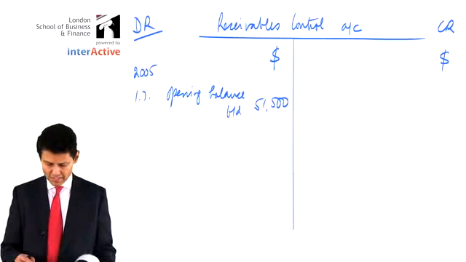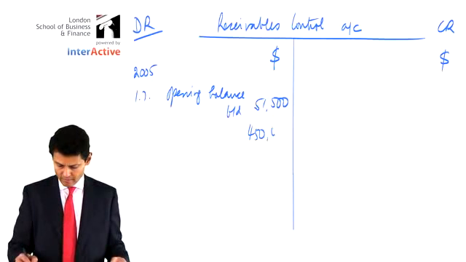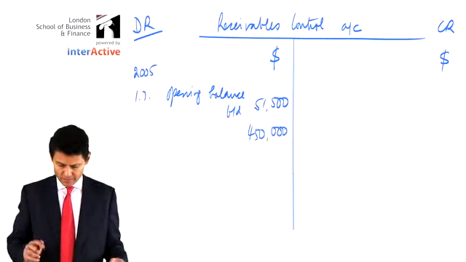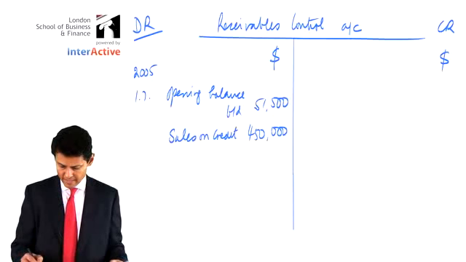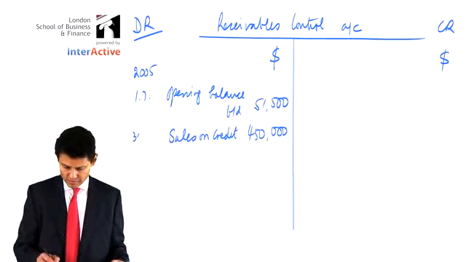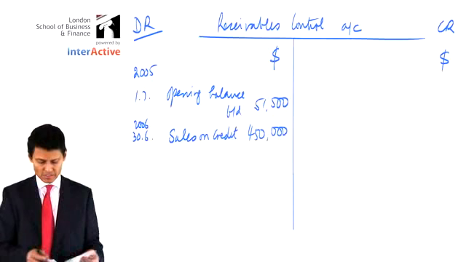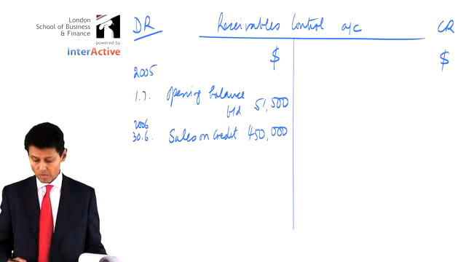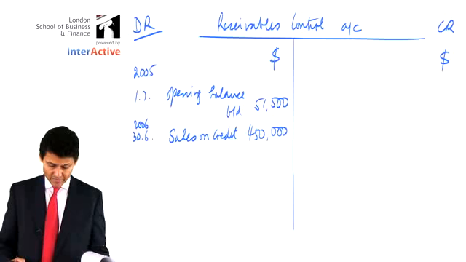We then painstakingly work our way through the question. The first item, the credit sale of 450,000, obviously adds to this figure. So I'll just say sales on credit, credit sale, something like that. And the figure, of course, 30th of June, the date 2006. We then turn back to our question, and we constantly do this, keep ticking it off as you go along. The next item, of course, is the items that we haven't ticked.